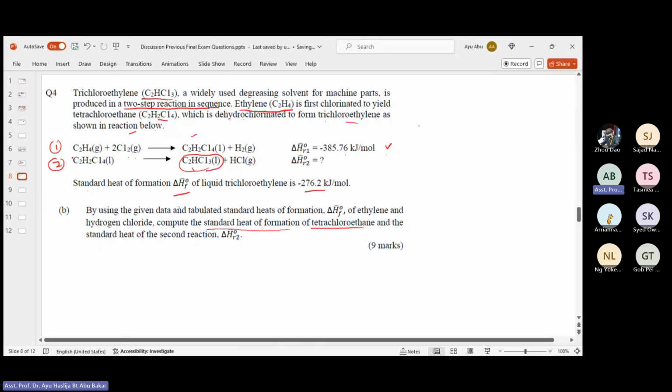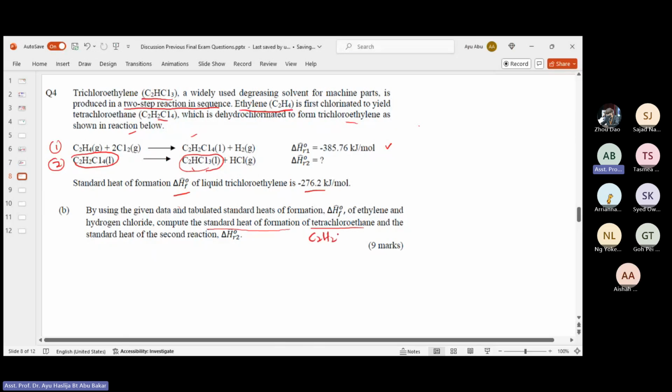Tetrachloroethane, this is the one, C2H2Cl4, in liquid form. And the standard heat of the second reaction is also given. Now it wants you to calculate the standard heat of formation of this.